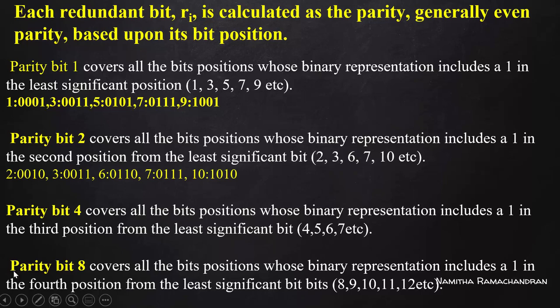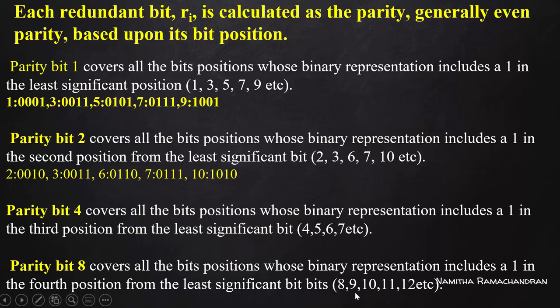So the fourth position from the least significant bit equals 1 for positions like 8, 9, 10, 11, 12, etc. 8 means 1, 0, 0, 0. The fourth least significant bit is 1.